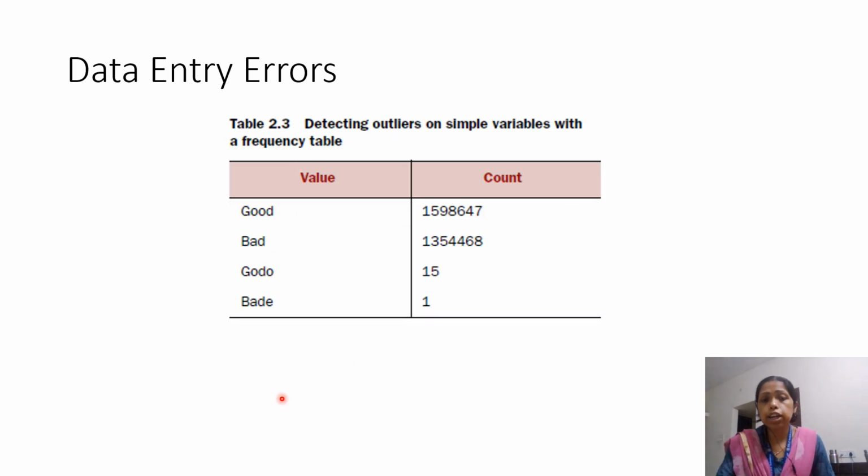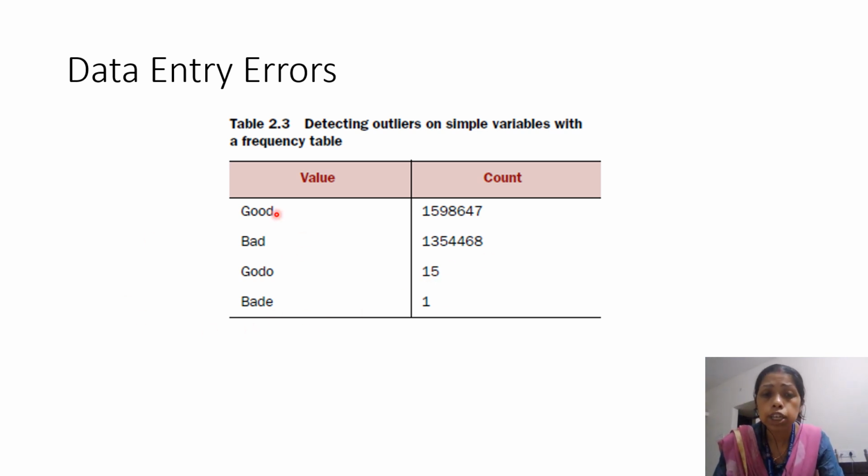Suppose here you can see some data: good is entered in a data set 15 lakh times, and bad is also entered this many times. Now while typing good, sometimes good is typed as G O D O, 15 times.